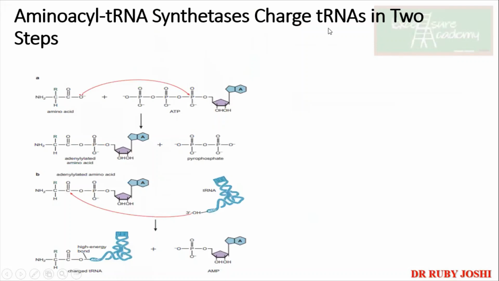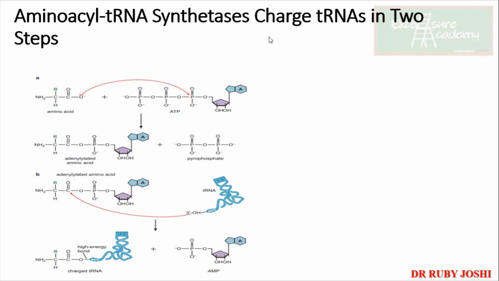Now, aminoacyl tRNA synthetases are the enzymes which charge your tRNAs in a two-step reaction. Although we say two-step reaction, everything is happening at the same time on the enzyme.